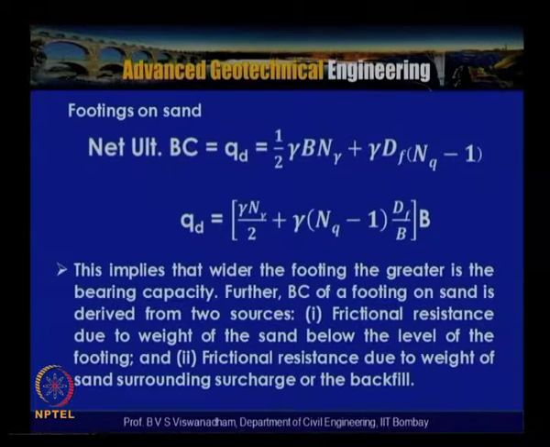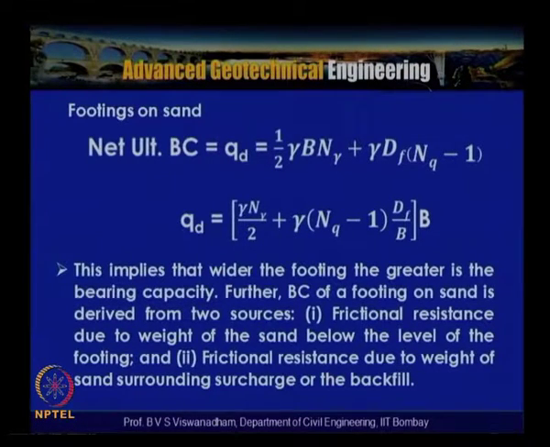This is simplified by writing qd equal to [q N gamma by 2 plus q into (Nq minus 1) into Df by B] into B. So this implies that the wider the footing, the greater is the bearing capacity.